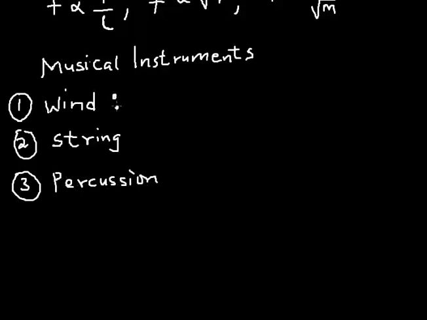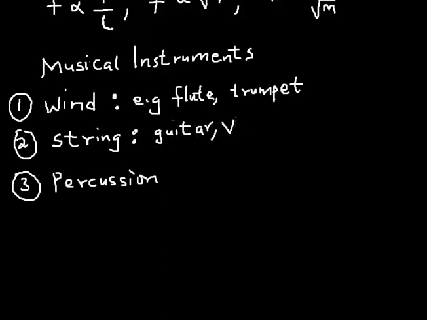For a wind instrument, the tone is generated by the vibration of an air column, and examples are flute, trumpet, saxophone, recorder. For string instruments, we have guitar, violin, and piano.